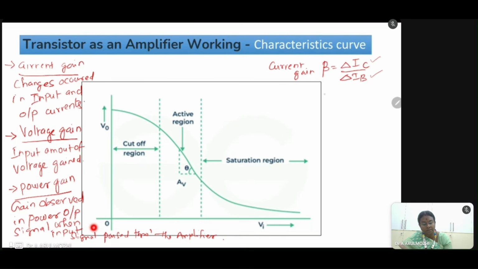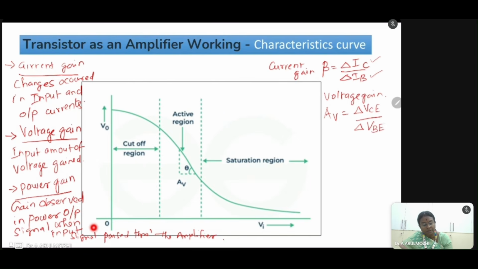Next one is voltage gain. Voltage gain is nothing but the amount of voltage gained when the variations in the input and the output currents are noticed. It is denoted by AV, which is delta VCE by delta VBE.